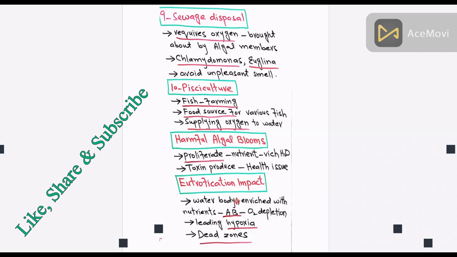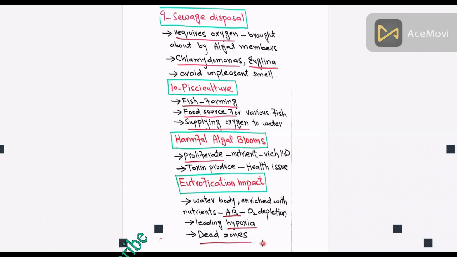As the algae die and decompose, the process consumes a large amount of oxygen, leading to hypoxia. Hypoxia means oxygen depletion. This can result in dead zones, where aquatic life, including fish, cannot survive, causing significant ecological damage.